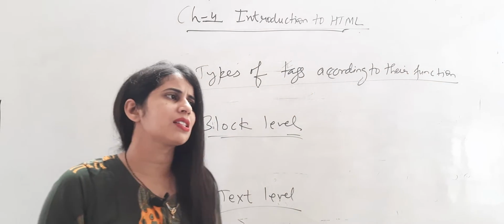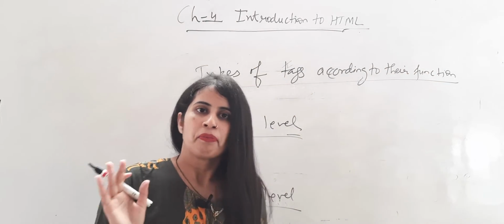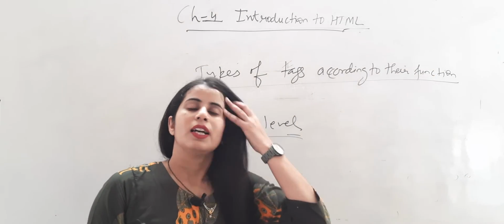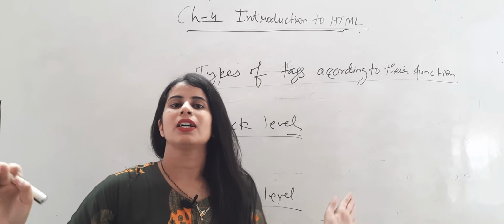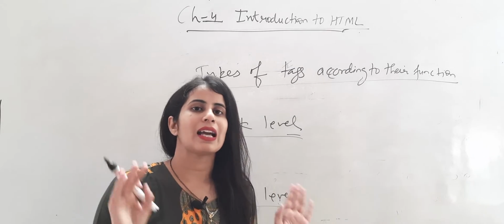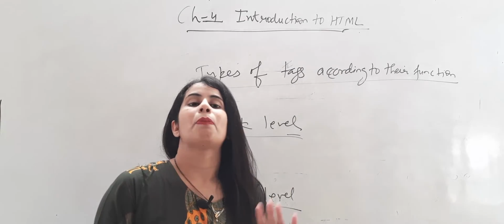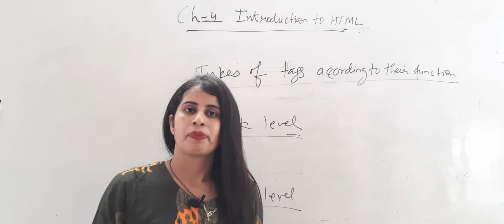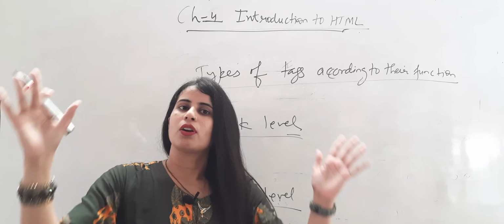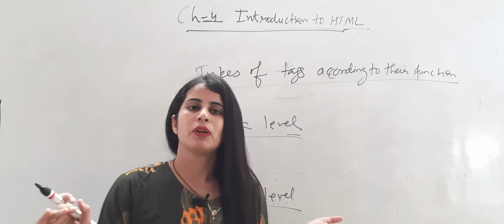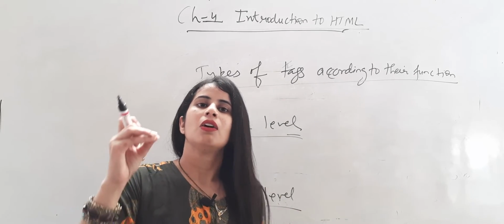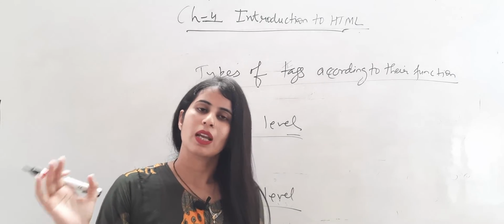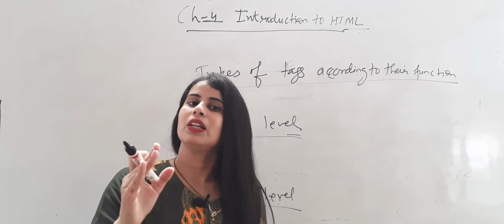The difference is very clear. Block level tags show a block, meaning they are defining an area. So the tags that totally depend on the width available in the page. In a page, a lot of width is available, so the tags that work on the width available there are known as block level tags.